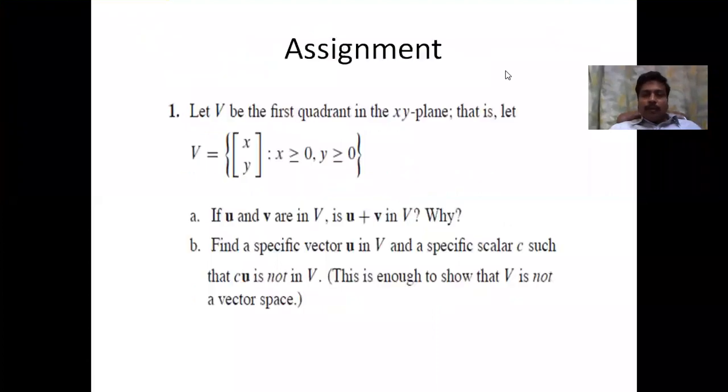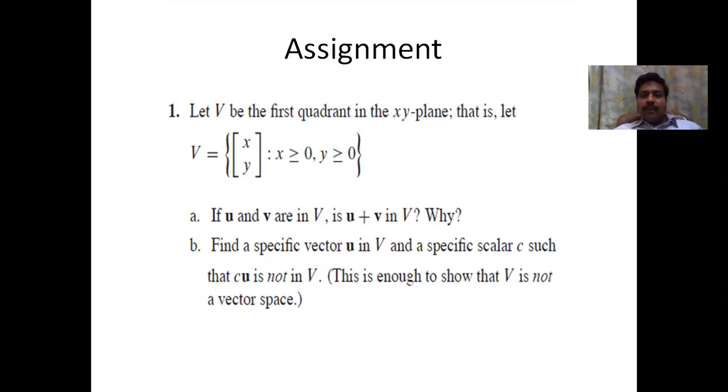Now let us look into some of the assignments on the topic we have discussed so far. This is the first assignment. Let V be the first quadrant in the xy plane.